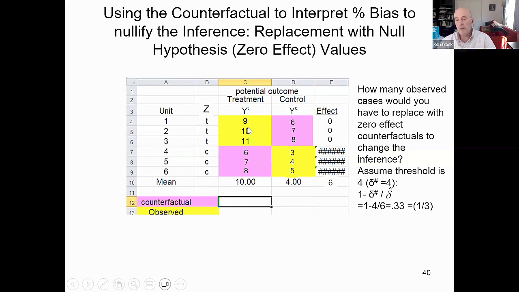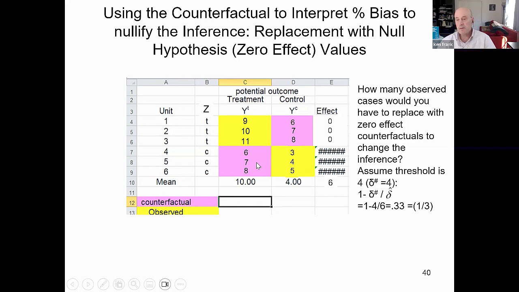If I look at the overall mean between the observed cases, it would be about 7. Right? If I just added these up and then took the mean, it would be about 7. So in the counterfactual data, we'll say the counterfactual data look like this: 6, 7, 8, and 6, 7, 8 right here. Notice the counterfactual data for those who got the treatment are the same as the counterfactual data for those who got the control.